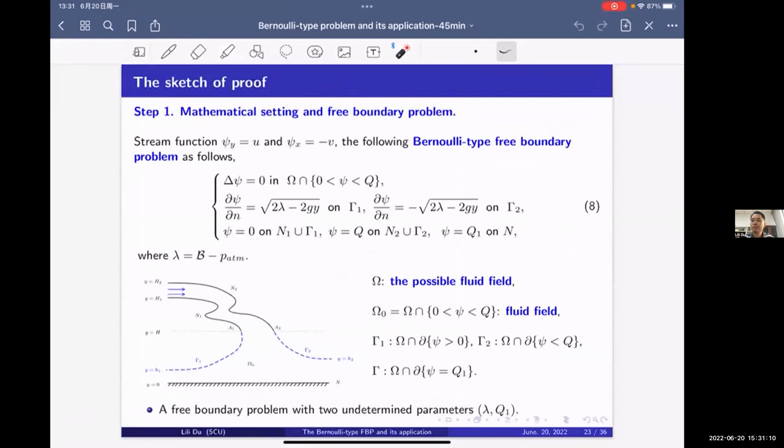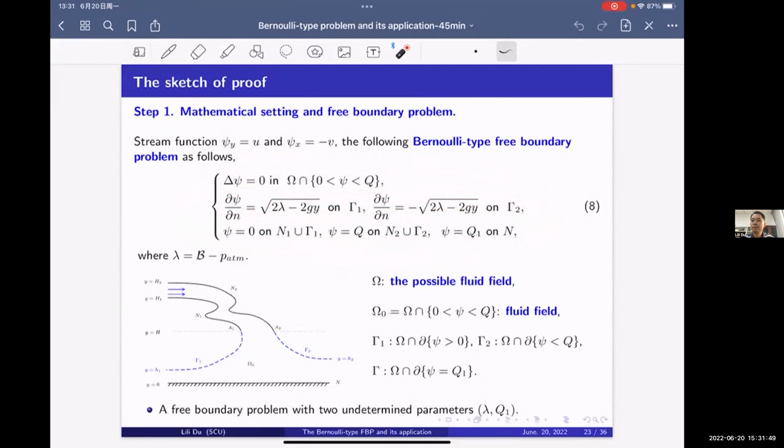Next, we will introduce the sketch of the proof of the main result. As we mentioned before, as a first step, we will formulate the following Bernoulli-type free boundary problem for the stream function ψ. ψ is harmonic in the fluid field and satisfies the gradient Bernoulli-type free boundary condition and the Dirichlet boundary condition on the solid wall.